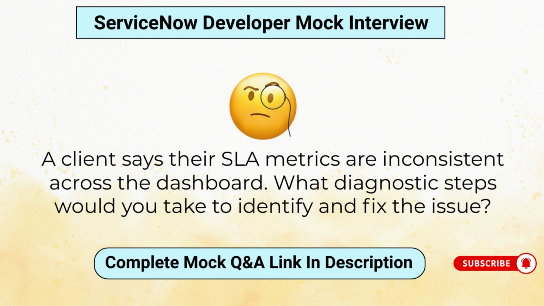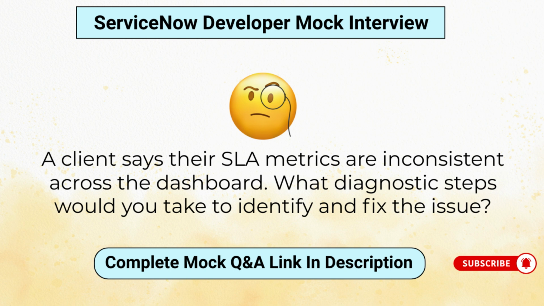Okay. So to investigate inconsistent SLA metrics, I will first look at the SLA definition and conditions, especially the start, stop, and pause conditions. Sometimes, retroactive start or multiple overlapping SLAs can also cause conflicts, so I will check that as well.